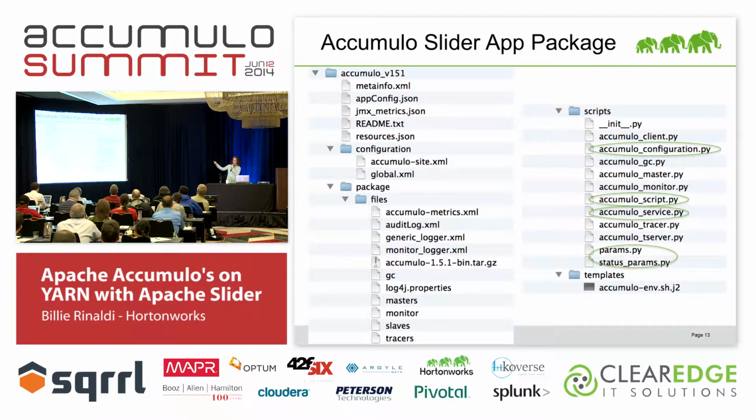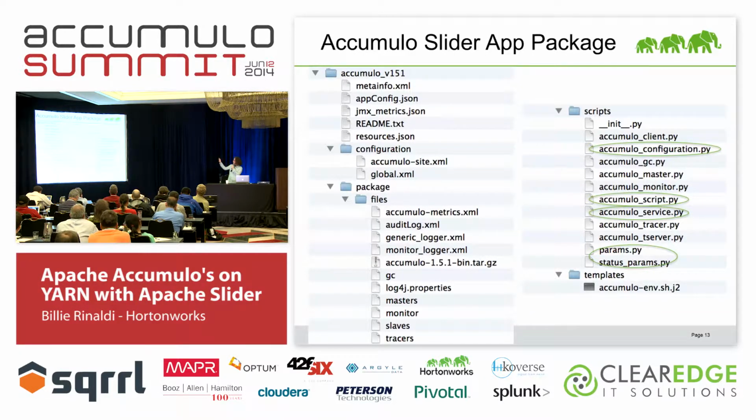Under files, there's the actual tarball and a bunch of static configuration files. These are just going to be copied into the Accumulo configuration directory when configuring Accumulo. In the templates directory, it's not quite a static configuration file, but some variables are going to be filled in, specifically the Hadoop and Zookeeper home and the heap sizes and whatnot.